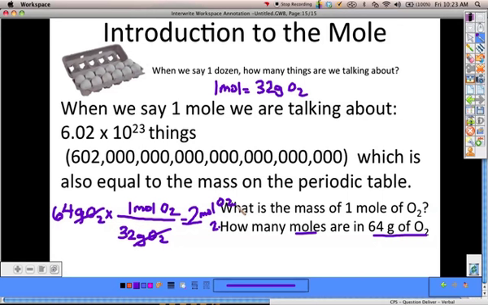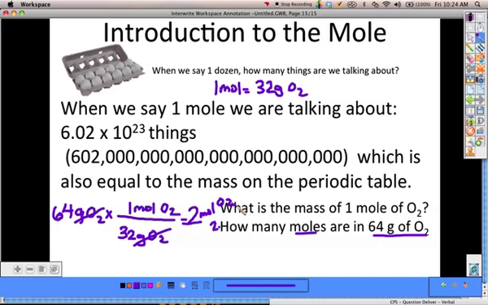So I could measure out 64 grams of oxygen, and then I would know that that means 2 moles. It's easier if we're thinking about solids. So let's say I measure out 64 grams of table salt. Well, I could figure out how many moles that is based on the mass from the periodic table of 1 sodium and 1 chlorine.